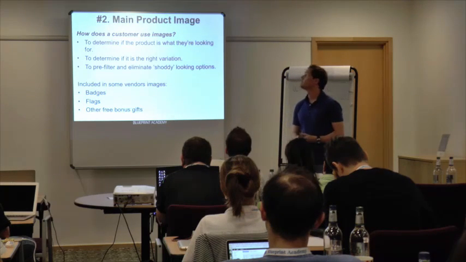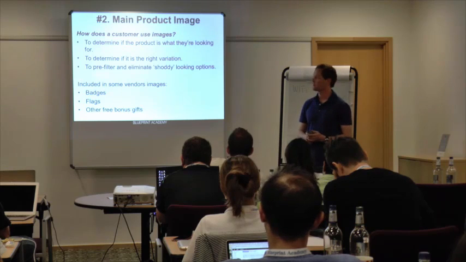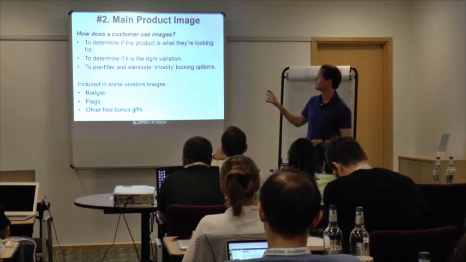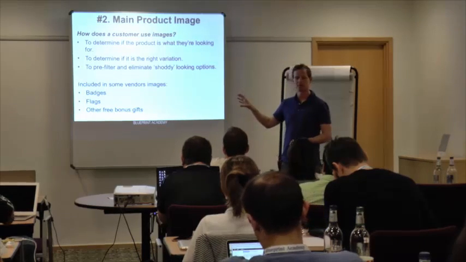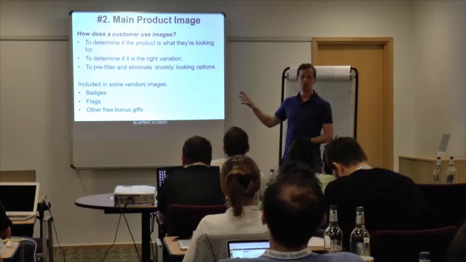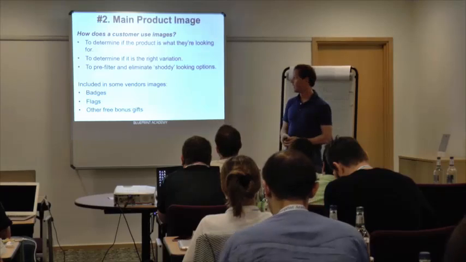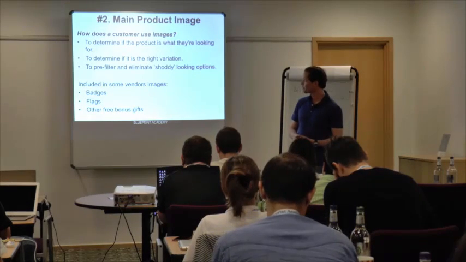The second major ranking factor is the product image. And it's a ranking factor not because of the image itself, but because it impacts your conversion rate, your click-through rate from Amazon.